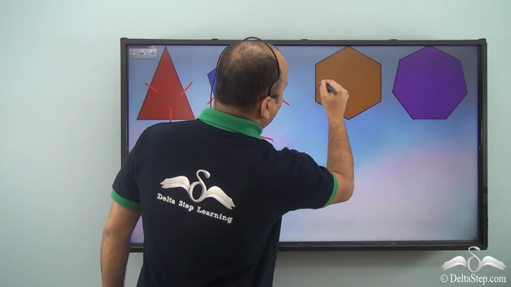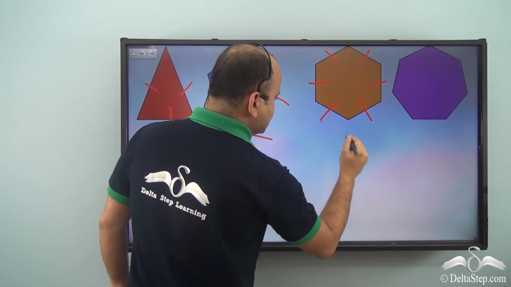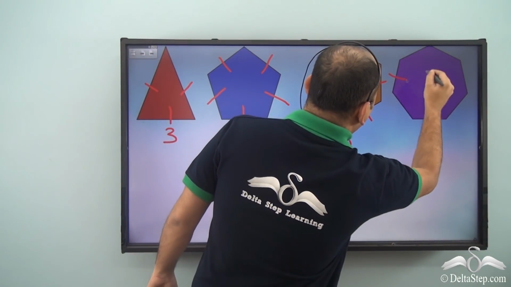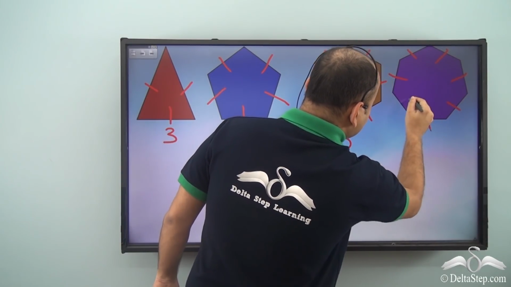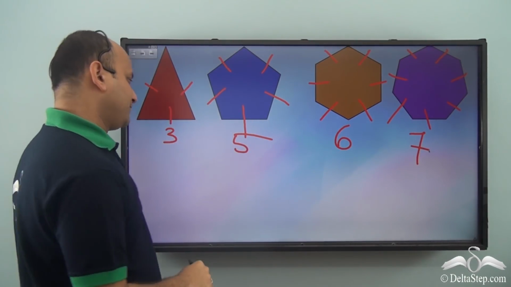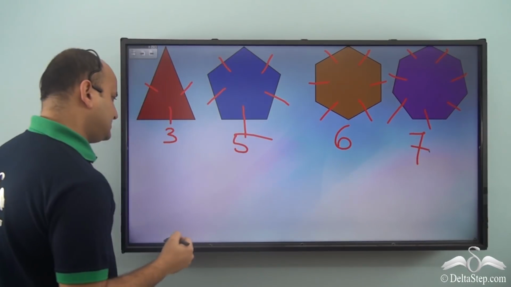What about this? 1, 2, 3, 4, 5, 6. 6 sides. And 1, 2, 3, 4, 5, 6, 7. So 7 sides. So what sort of series do we get?